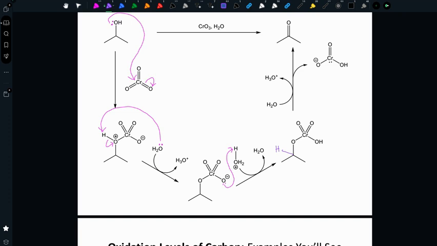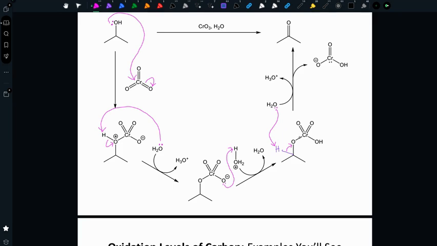And so how am I going to do that? Well, it's water that's going to come grab the hydrogen. So water is going to share its lone pair with hydrogen. I need to break this carbon-hydrogen bond and form the carbon-oxygen double bond.